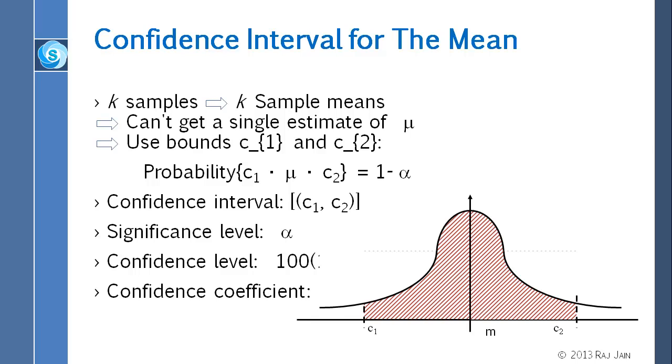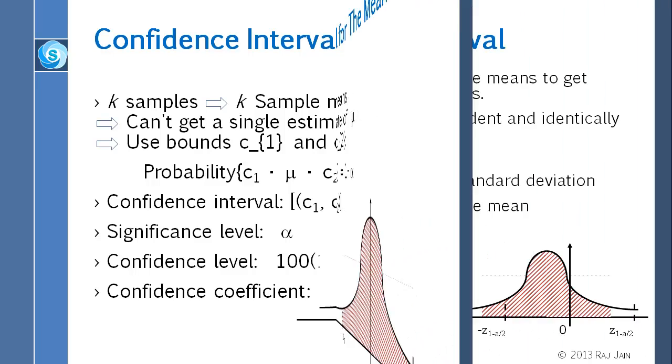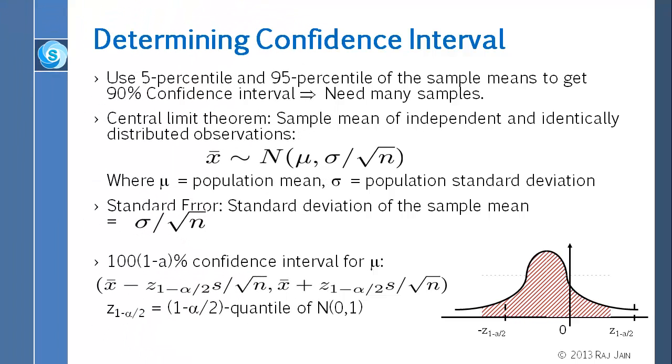That means the probability of my being correct is 0.9. Basically, all we want to do is get 2 bounds, C1 and C2, such that given whatever we know so far, we are sure that mu lies in that range. So we'll present a formula here and then we'll show you what the formula is based upon.